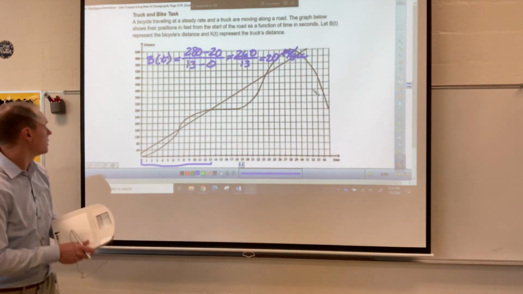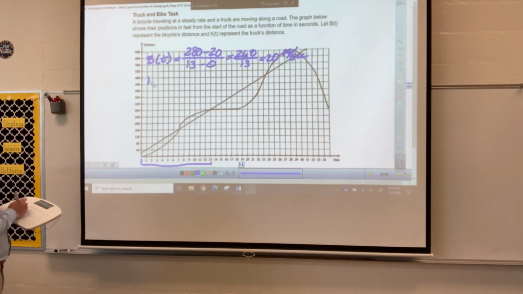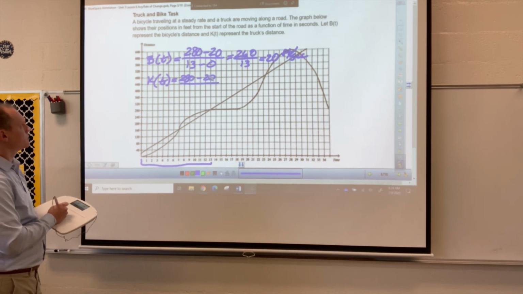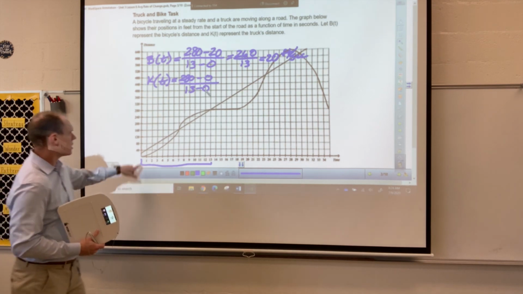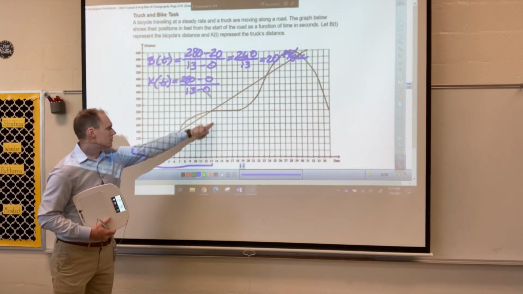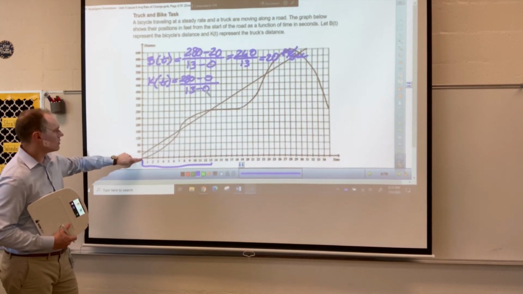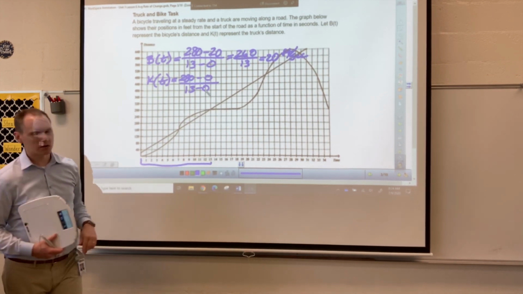What about the truck? So K of T. 280 minus, actually minus 0. I'll get it right here in a second. Divided by 13 minus 0. So the truck here, 280 again, minus where they start, 0, divided by 13 minus 0.